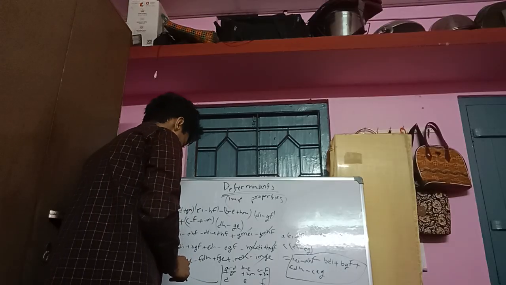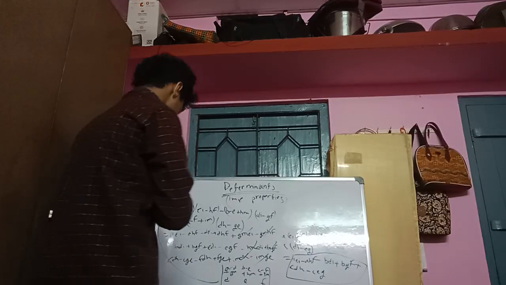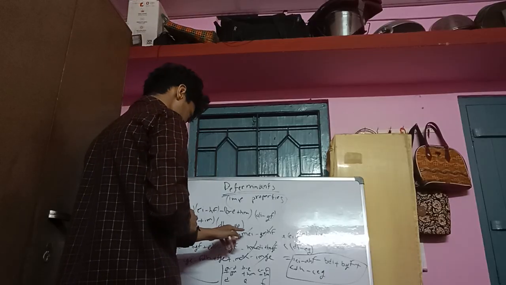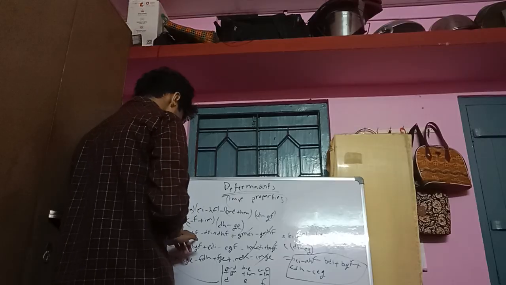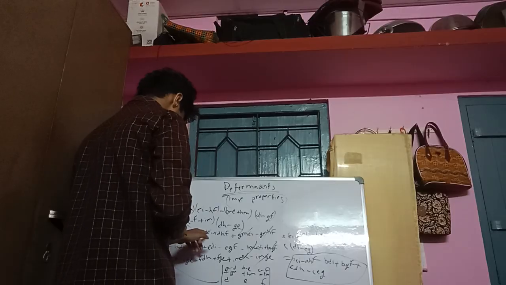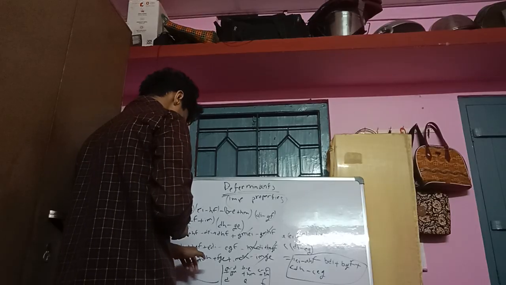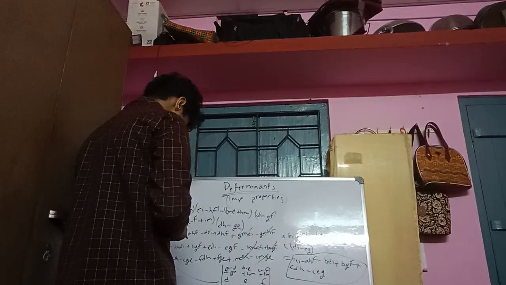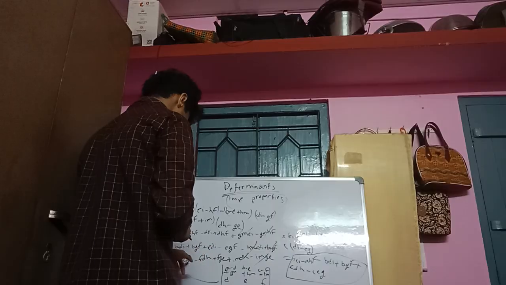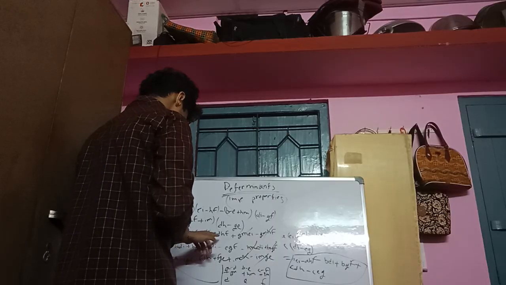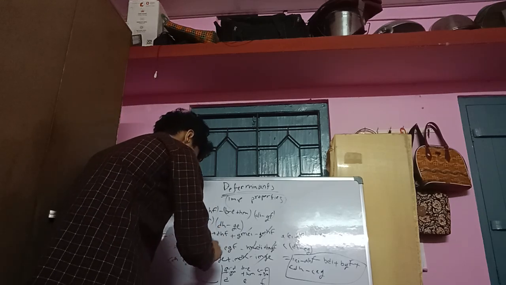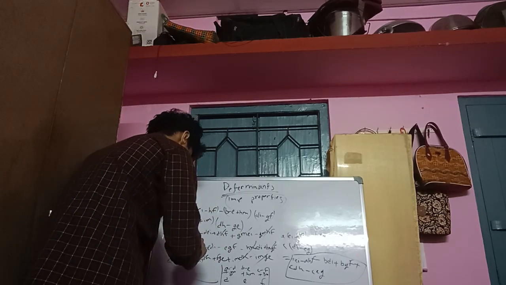Do I have anything more? AEI, I don't have any other, I think. AHF, I don't have any other. Just DHF minus FDH, same thing, this would cancel out each other.